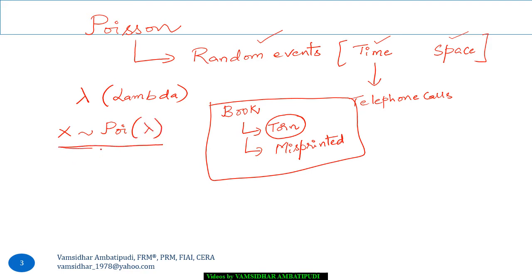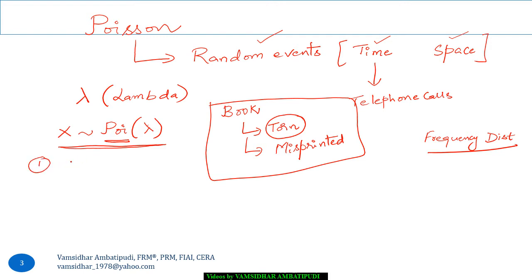This is how we mathematically model it. We say a random variable x follows a Poisson distribution with a parameter lambda. Any distribution is nothing but a frequency distribution, a shape.